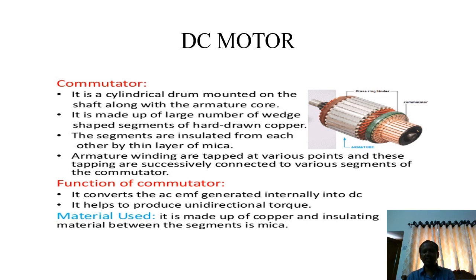The segments are insulated from each other by a thin layer of mica. Armature windings are tapped at various points, and these tappings are connected to various segments of the commutator.